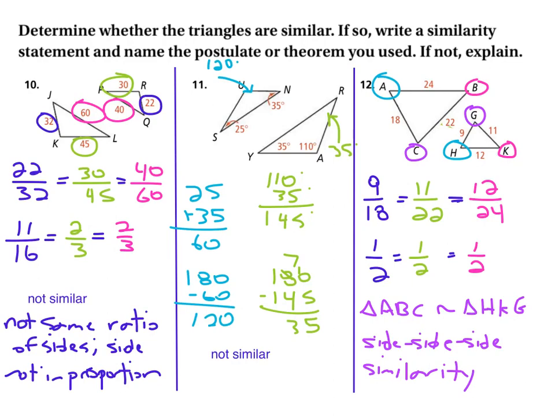And for the second one, we could say not similar, angles not congruent in both triangles.